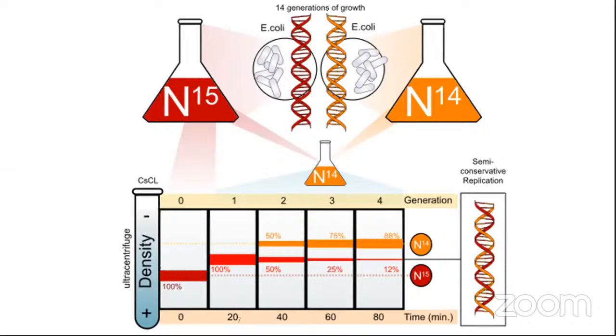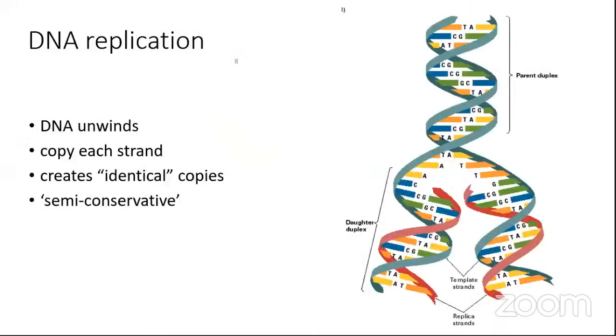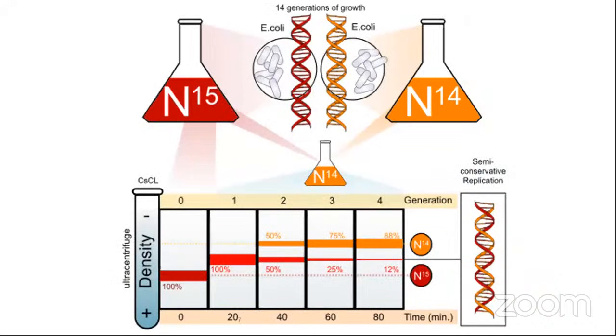The dispersive replication would also result in double-stranded DNA with both strands having a mixture of N15 and N14 DNA, as either of these could appear at an intermediate density. So they included the semi-conservative and the dispersive modes of replication for the further analysis.